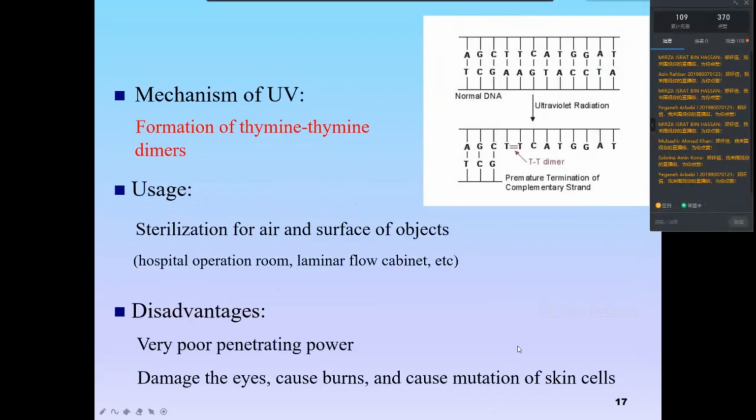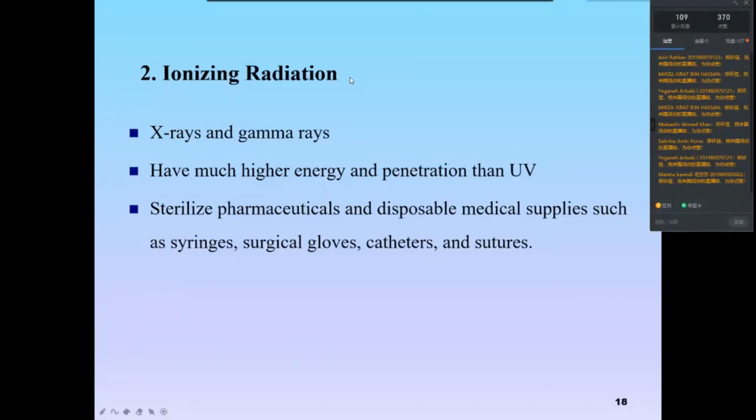But after we talk about UV light radiation, we'll talk a little bit about ionizing radiation. This is radiation with either X-ray, gamma ray, or beta ray, and these are high energy radiation. They have much higher energy and can penetrate deeper than UV light.